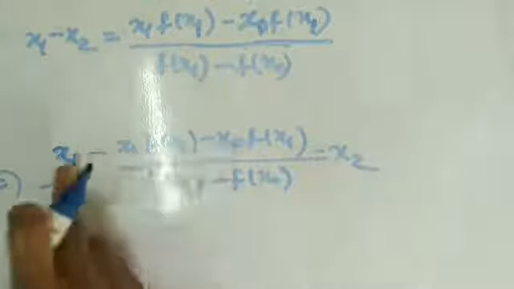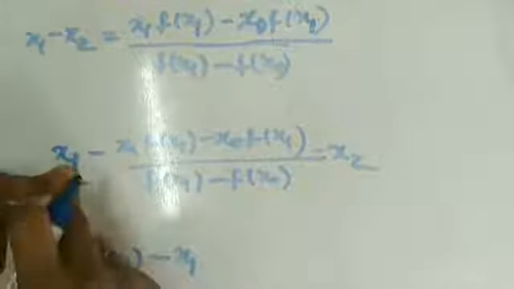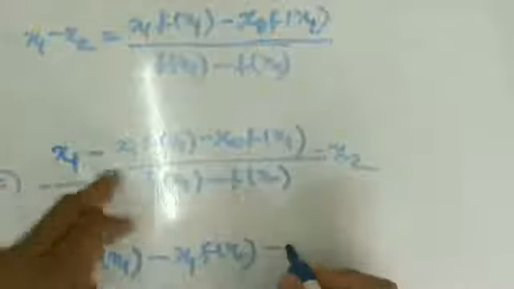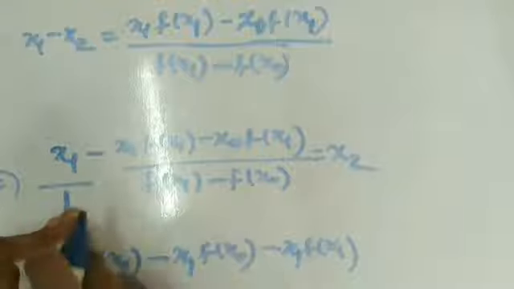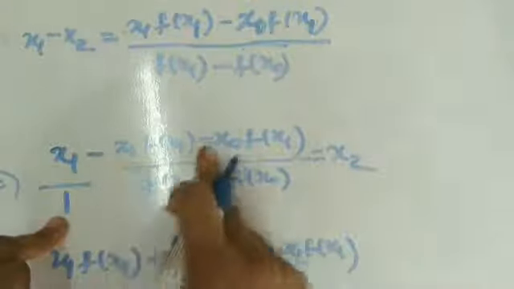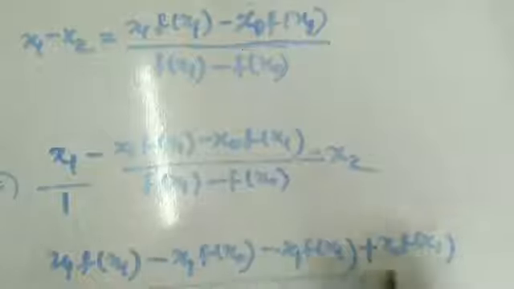We again take a cross multiplication, we get x1 into f of x1 minus x1 into f of x naught, minus x1 f of x1, and minus into minus gives plus x naught f of x1, divided by f of x1 minus f of x naught, which is equal to x2.